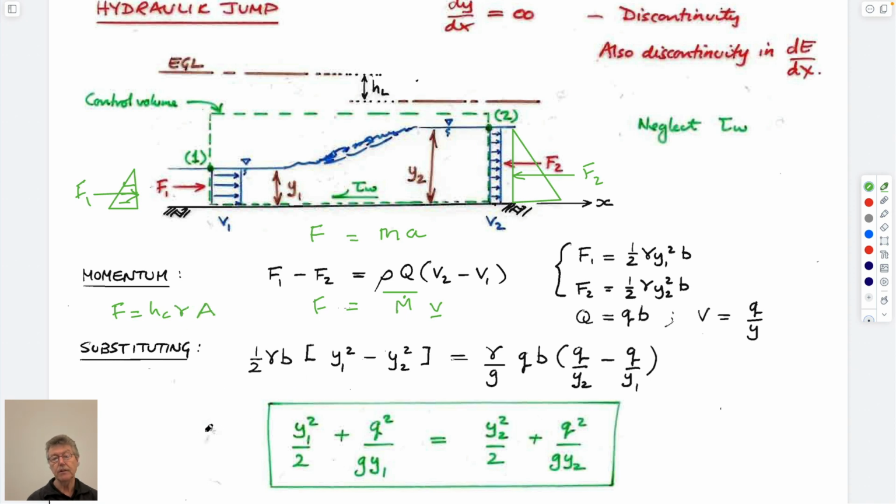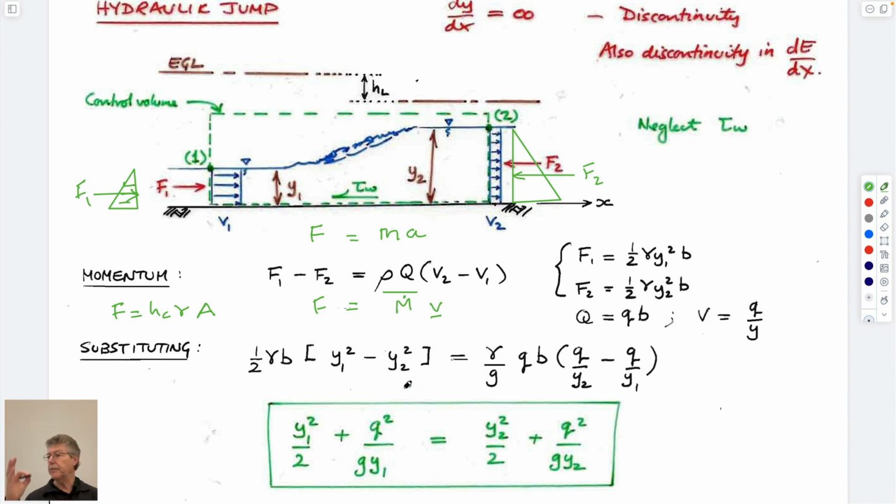This is exactly what this is. Height of the centroid is half height, looking onto it. Unit weight is here, and the area is b times y, and the other y is the centroid depth, which is a half the depth, right? So this term is just the force. Force 1 minus force 2.